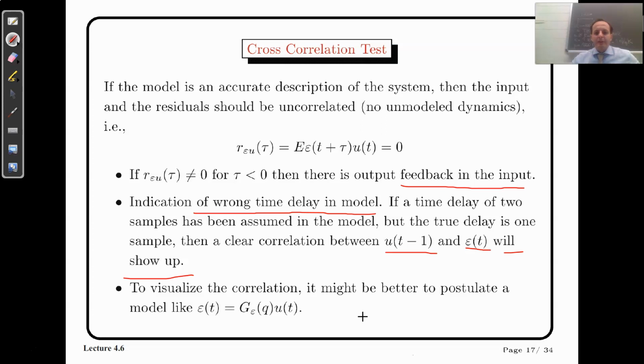And in order to visualize the correlation, you can build a model of your error. So you have that u is the input of your model error, and it generates the epsilon.